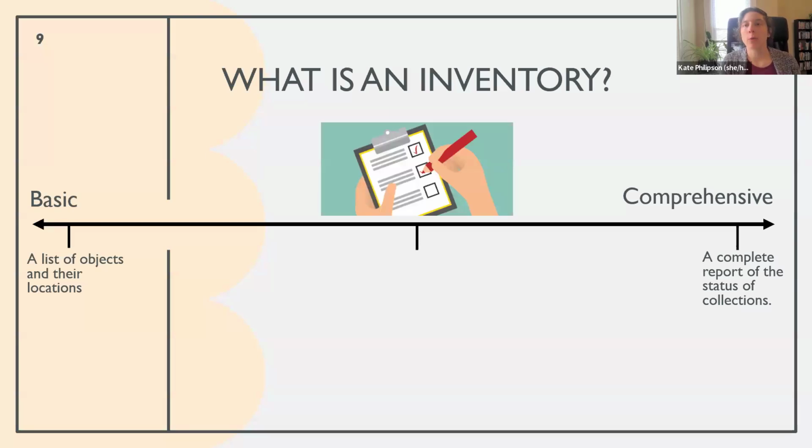Again, this is similar to what Katie had shared with us, right? A general definition of an inventory at its most basic is really just a list of objects. If you're lucky, it's a list of objects and their locations. And at the most comprehensive, it's a super detailed report, a complete report of the status of collections, right? So inherently, there's a lot of detail and a lot of information in there.